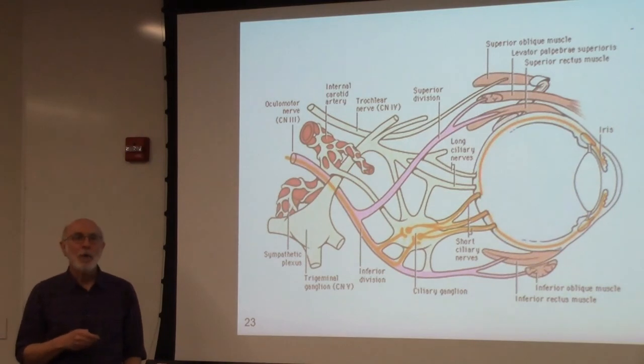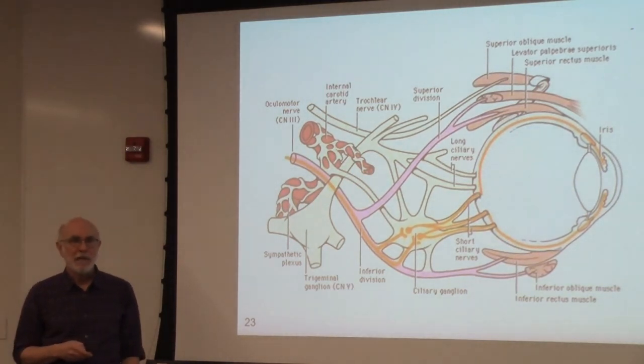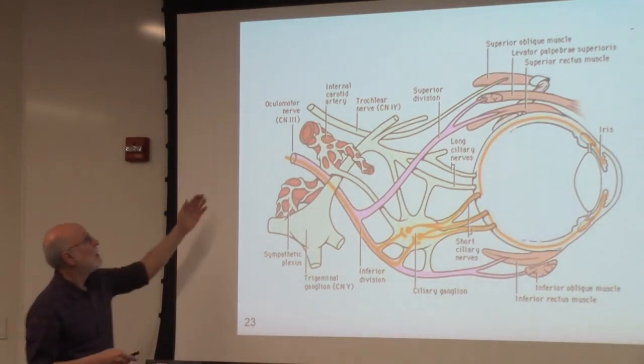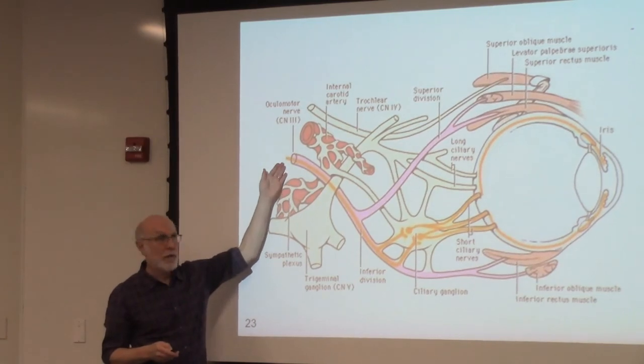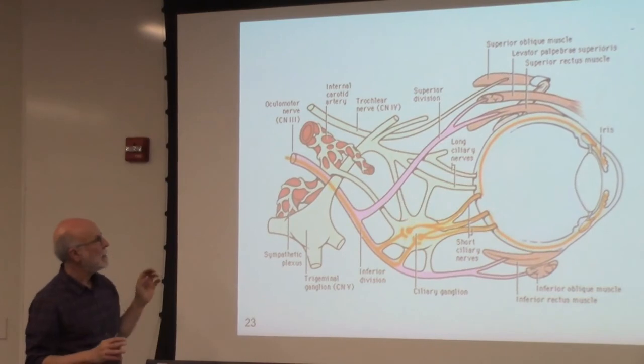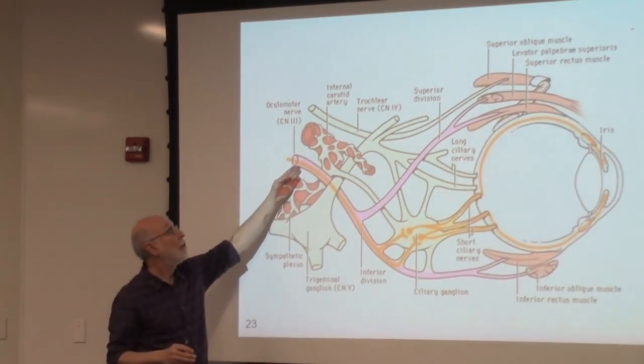The oculomotor nerve innervates most of these muscles. So what are the exceptions? So this is a cartoon of the oculomotor nerve. I know this is complicated, let me try to simplify this. This is focusing on the oculomotor nerve.